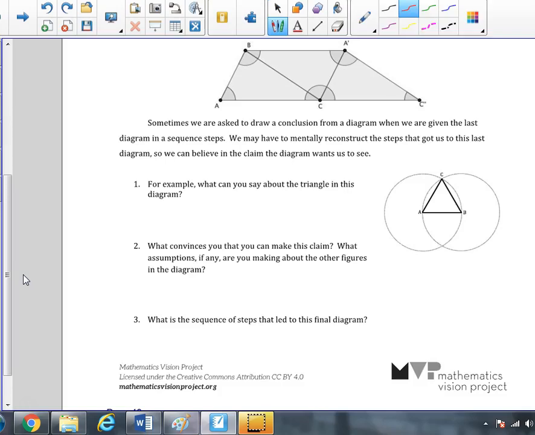The reason we can say this is that line segment AC and line segment AB are radii of circle A. And if we look at line segment CB and line segment AB, we can see that those are radii of circle B. Therefore, what we concluded in class was that AC was congruent to AB, which was then congruent to BC.